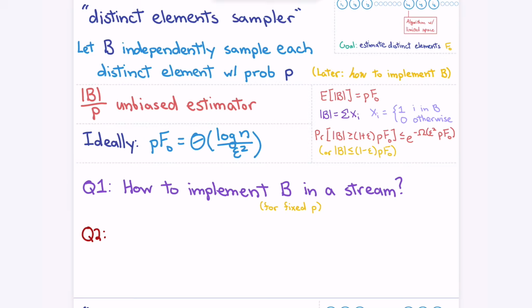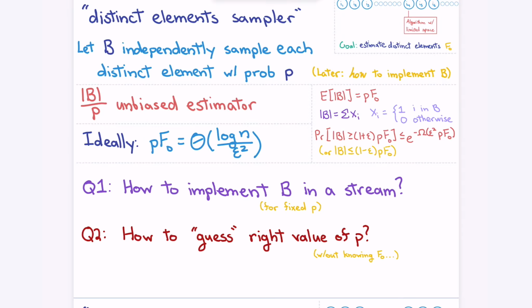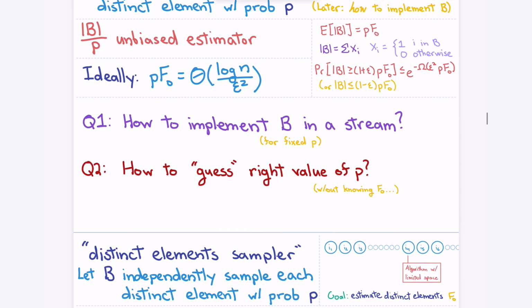How can you sample the distinct elements in a stream? And the second question is, how can we guess a reasonably good value of p? We do have some margin of error, but the trick is that we don't know f0 ahead of time. It seems like the strategy needs f0 to work. Those two questions make sense? Okay, this will be fun.